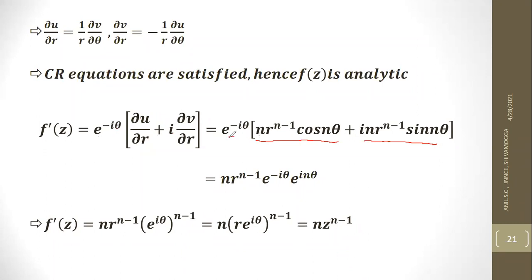You keep this e power minus I theta as it is. Here n into r power n minus 1 is common in both the terms. Keep this product outside, n into r power n minus 1. Then what you get within the brackets is cos n theta plus I sin n theta.